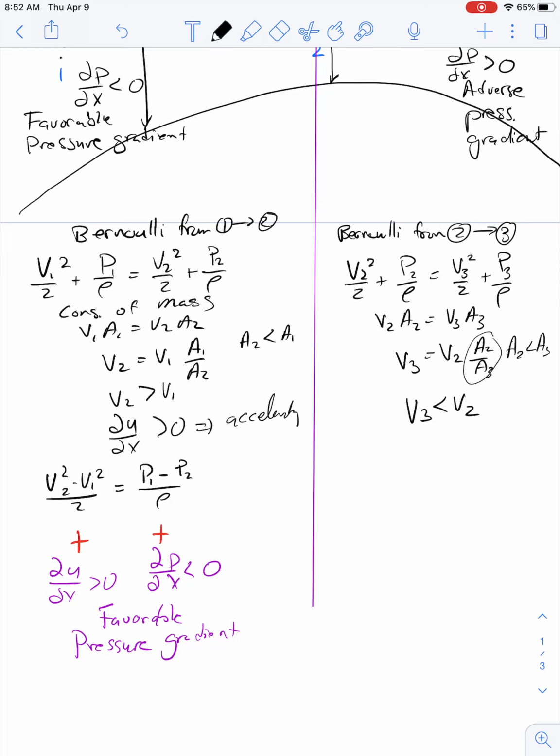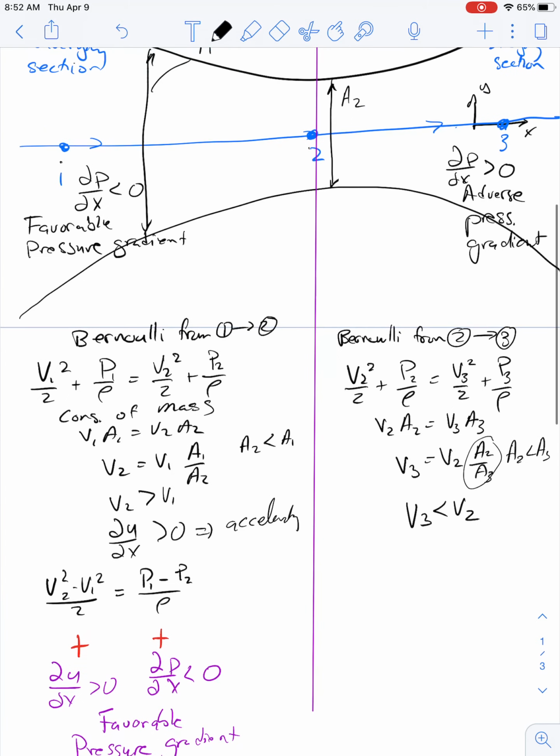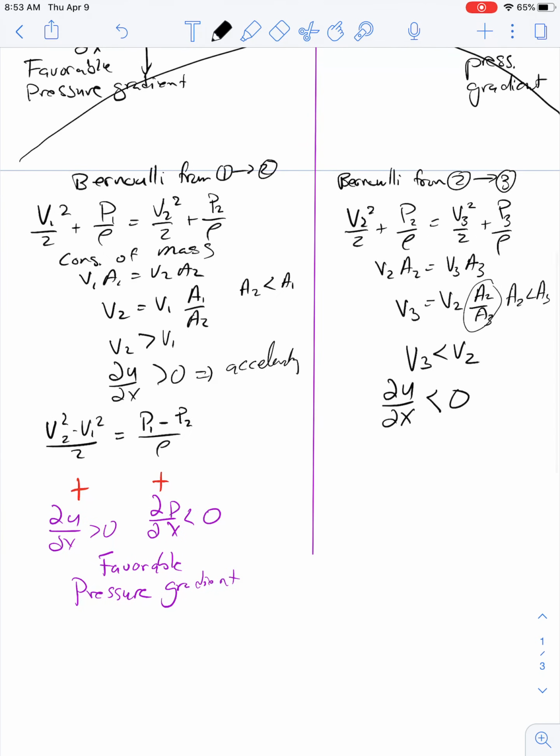So if V3, down here, is less than V2, that means the flow has decelerated as we've moved to the right, or increasing x. If the flow is decelerating as we move to the right, du dx is negative. And similarly, like we just did on the left-hand side, we have V3 squared minus V2 squared over 2 equal to P2 minus P3 over rho.